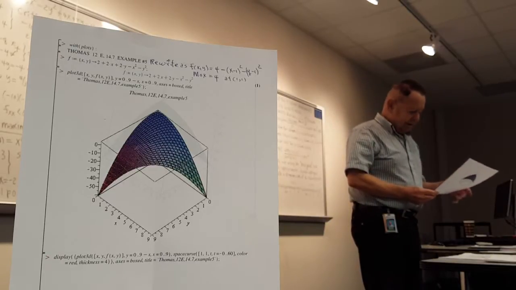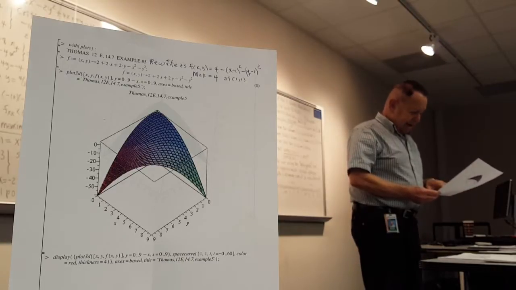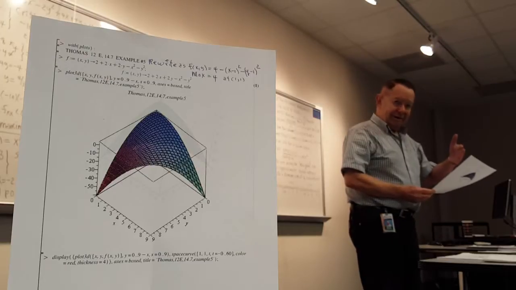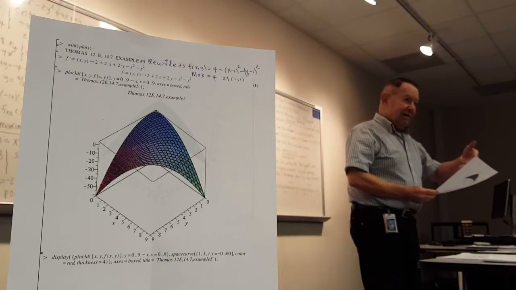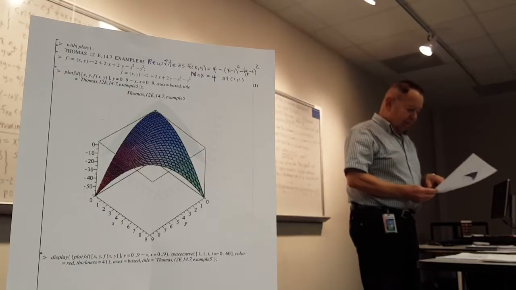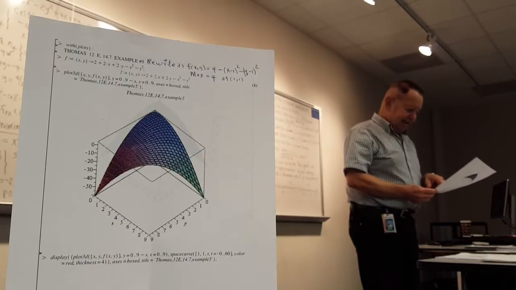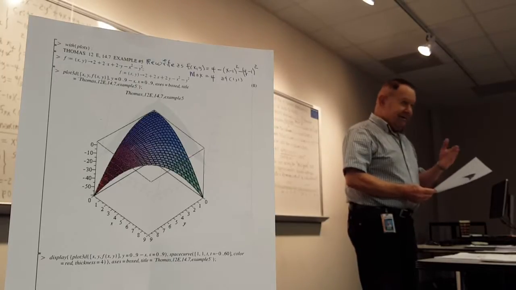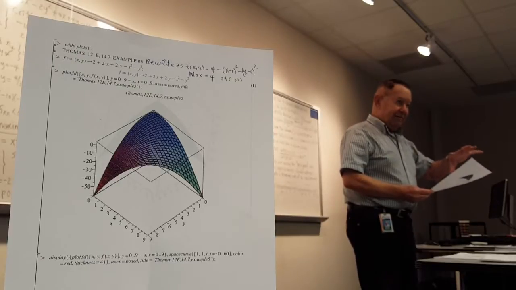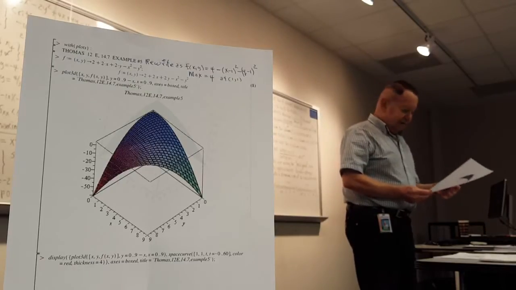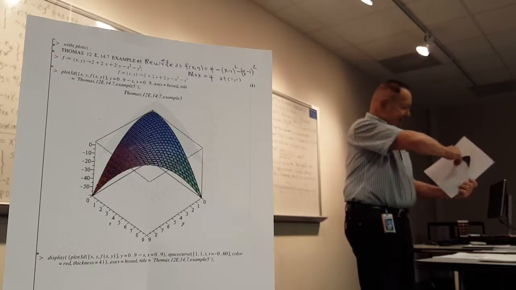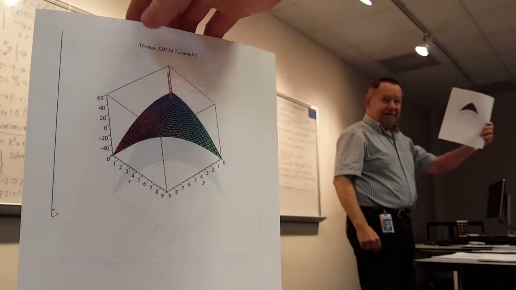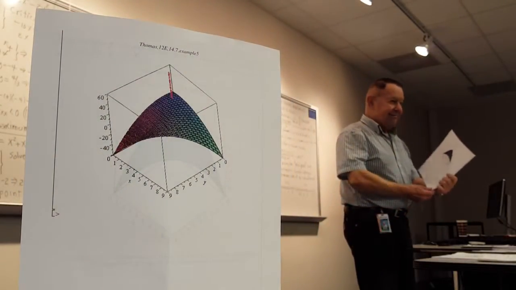And first there's the surface, and then the space curve, you see, is the line that I put in there just to identify where this maximum is at 1, 1. And it's because I did t equals 0 to 60. It's because I gave it that much of an interval for the t. That's why the picture shows so much rise on the vertical and the picture on the back.